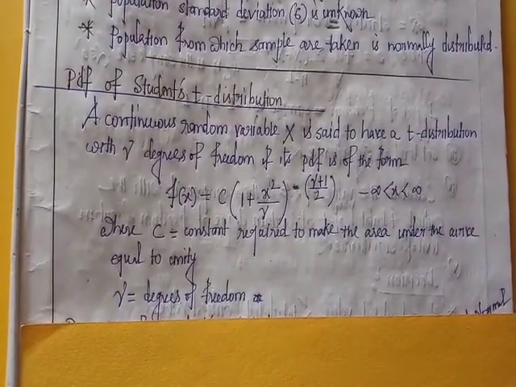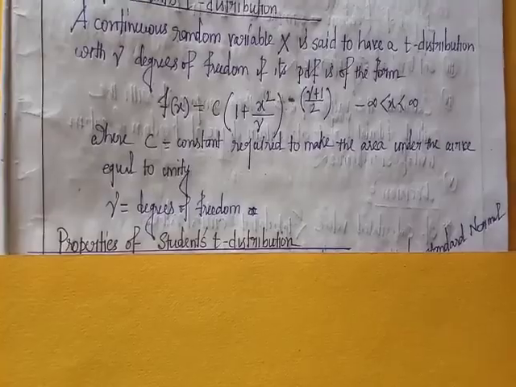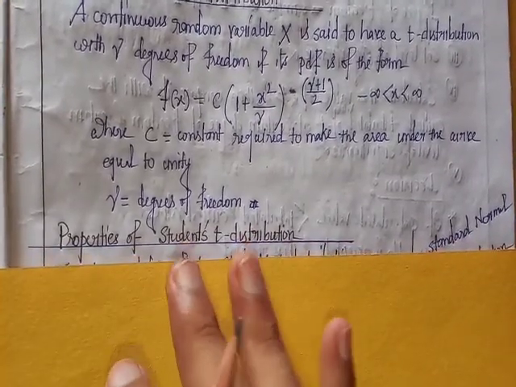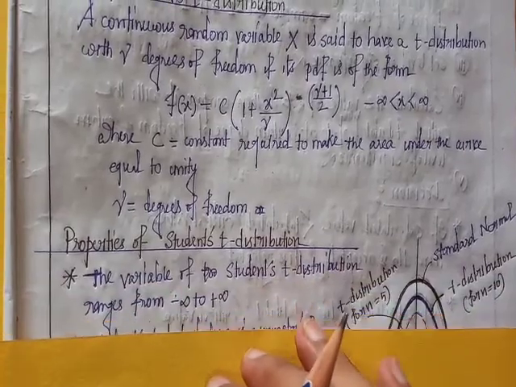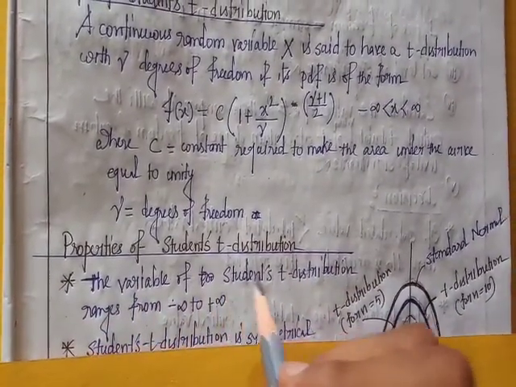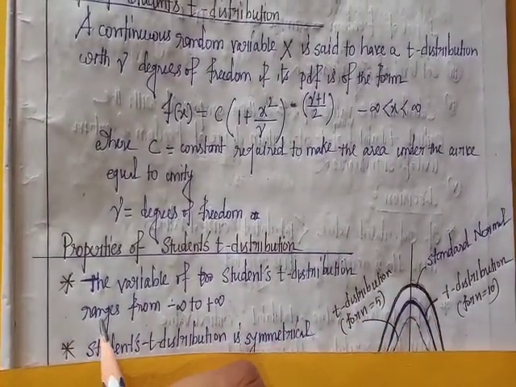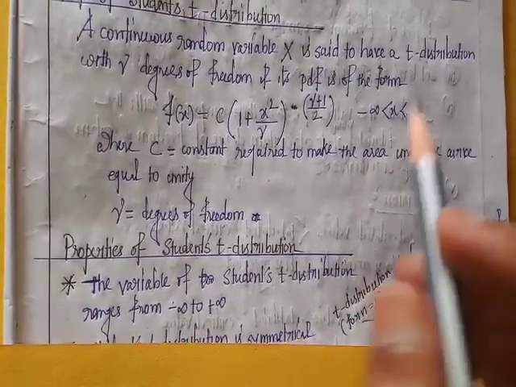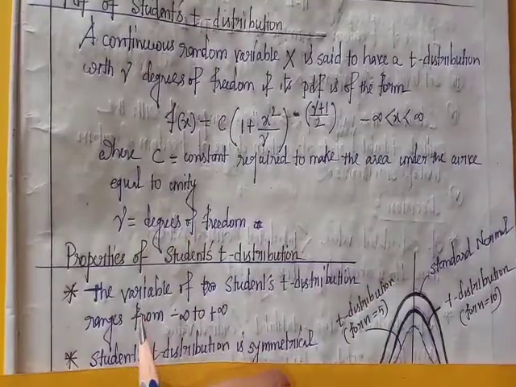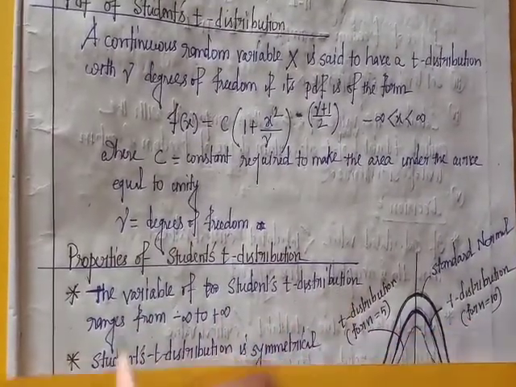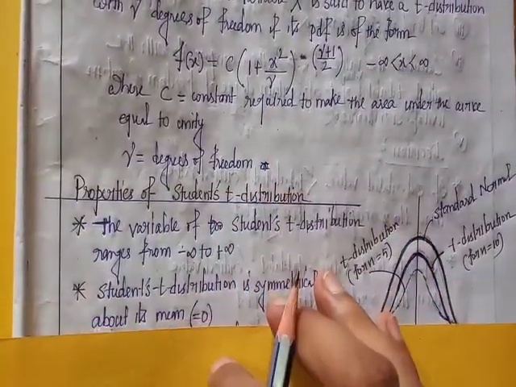Next, properties of student T distribution. First property, the variable of student T distribution ranges from minus infinity to infinity. Here x lies between minus infinity and infinity.